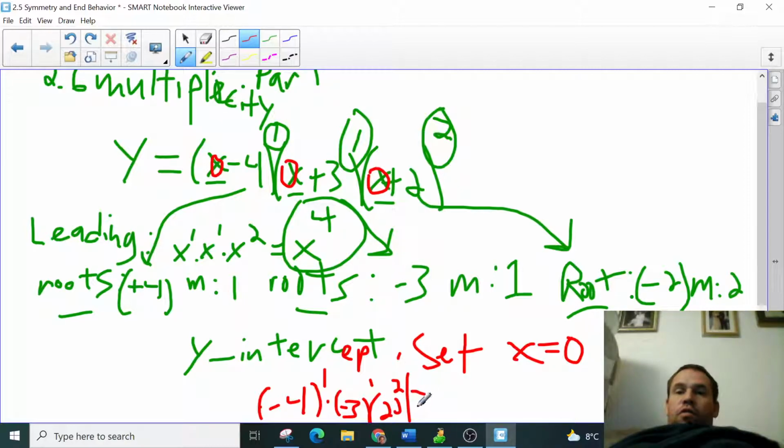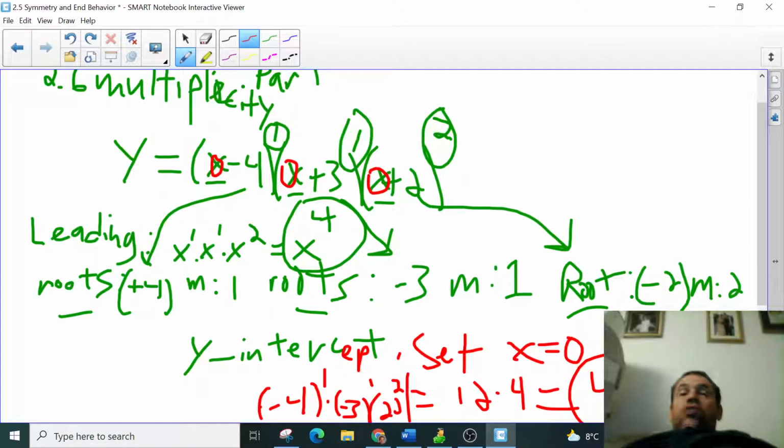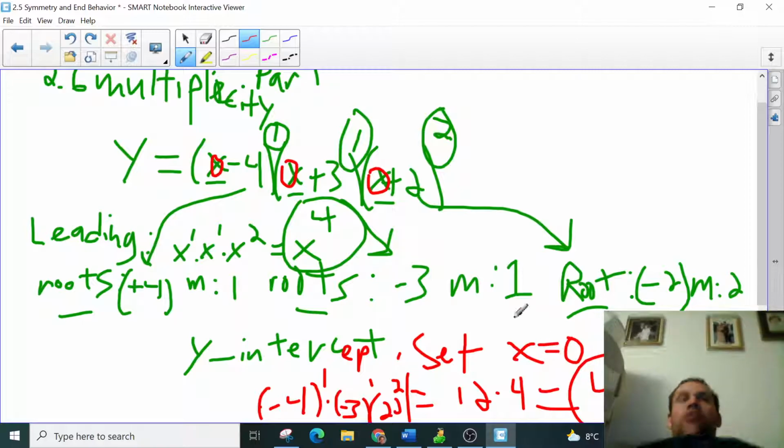So then you're just going to multiply all that out. So negative 4 times negative 3 is a positive 12. 2 squared is 4. So that's going to be 12, 24, 48. So we're going to have a y-intercept of 48 for this randomly chosen problem that we just made. So that's the y-intercept.